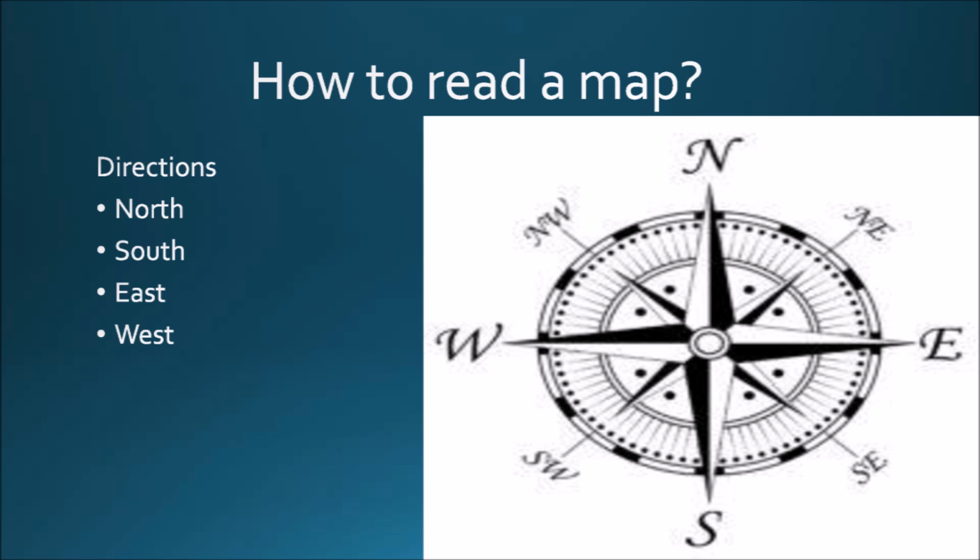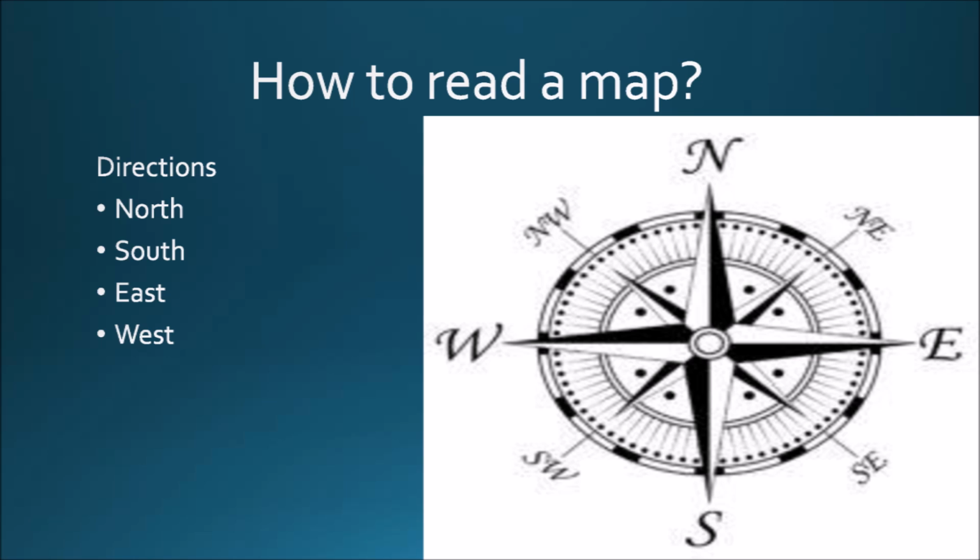Northeast lies between north and east. Northwest lies between north and west. Southeast lies between south and east. Southwest lies between south and west. The top of all maps points to the north, while the bottom points to the south.